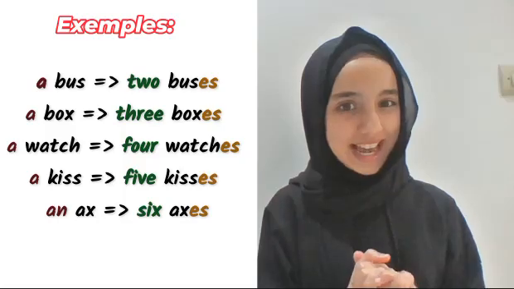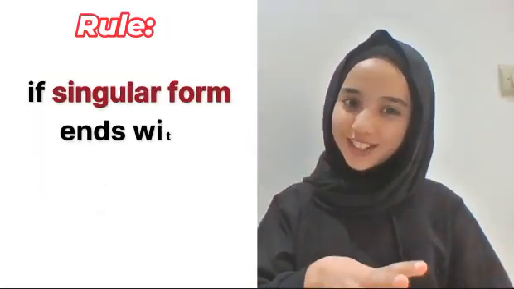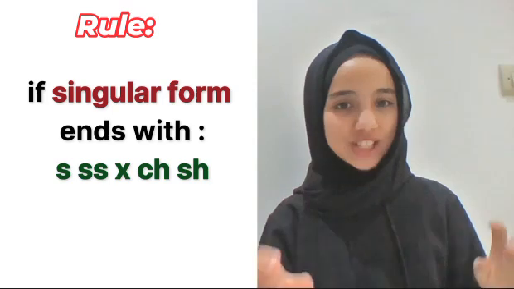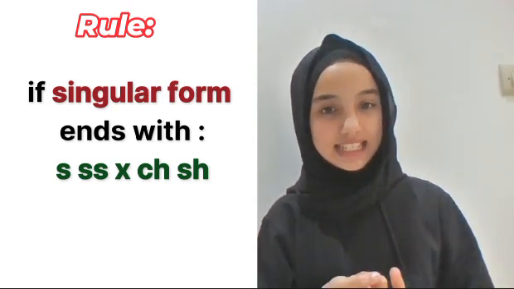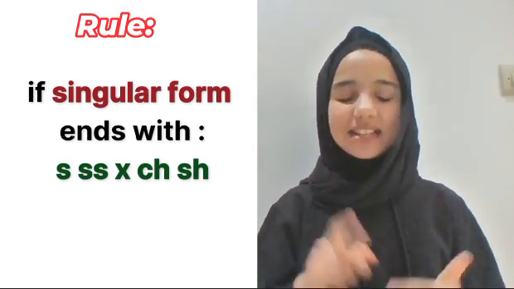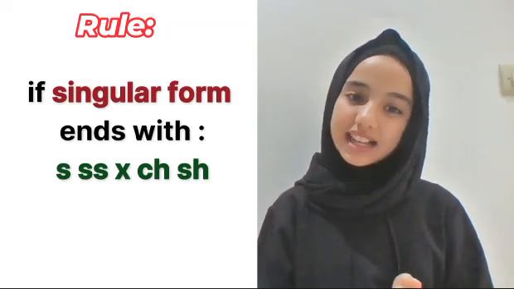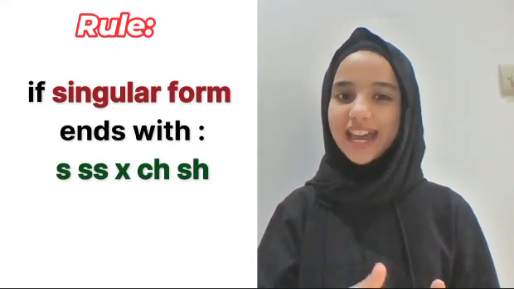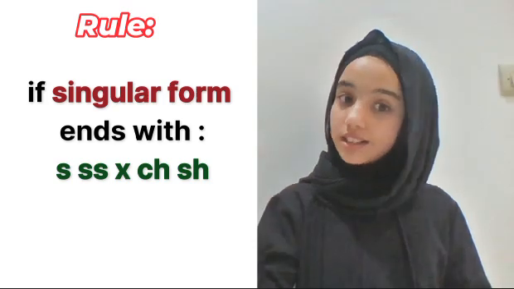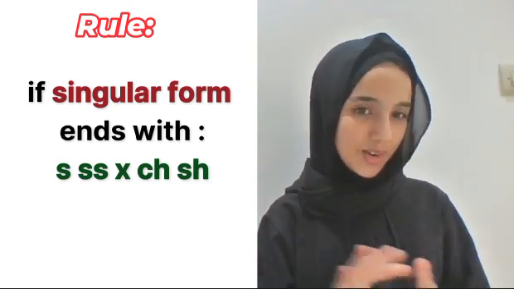So what do we get? We get that if the singular form ends with s, ch, sh, x, or double s, we have to add es, not s.